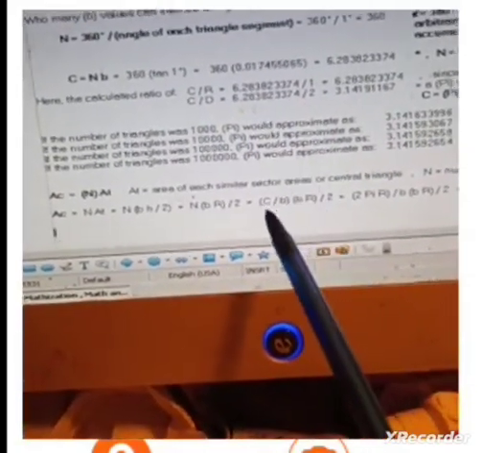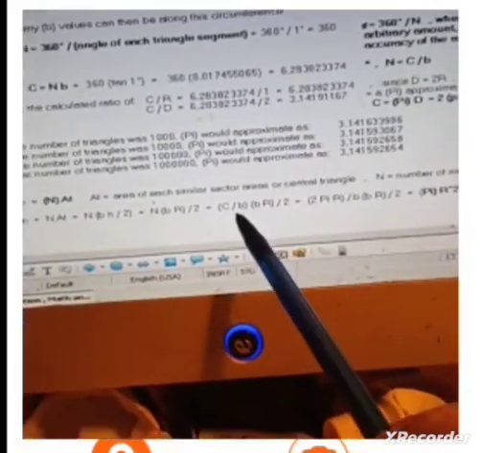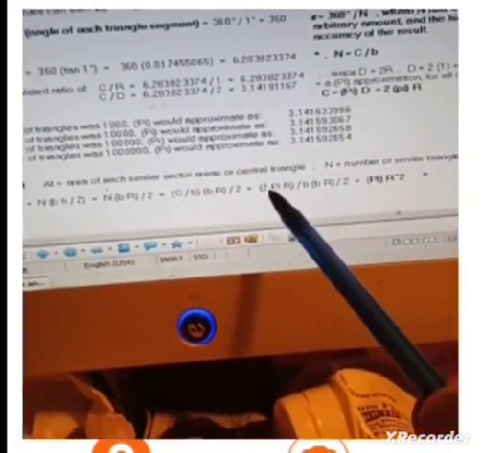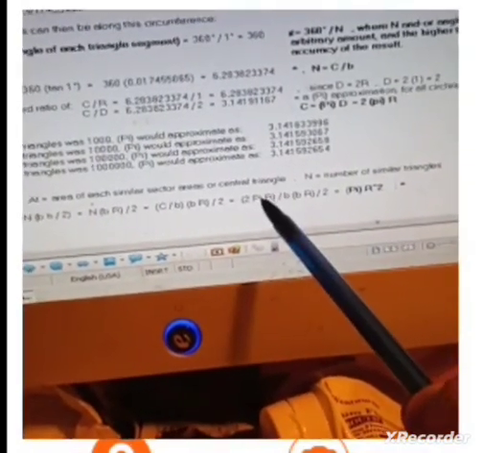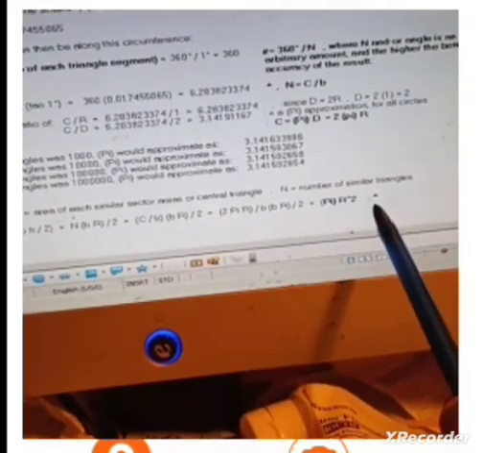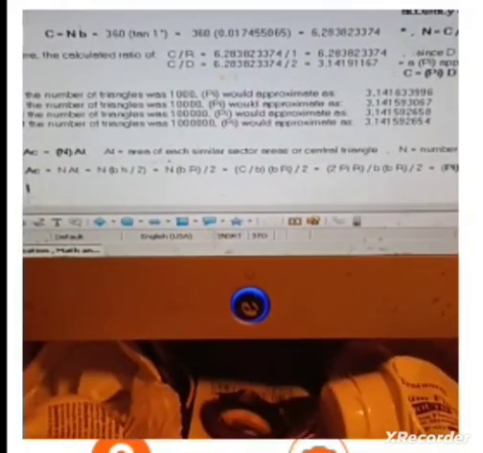Then N equals C divided by B. Put that here. And the circumference, we know, is 2 pi r. Bring that here. Then multiply everything together, and you get pi r squared for the area. Okay, thank you.